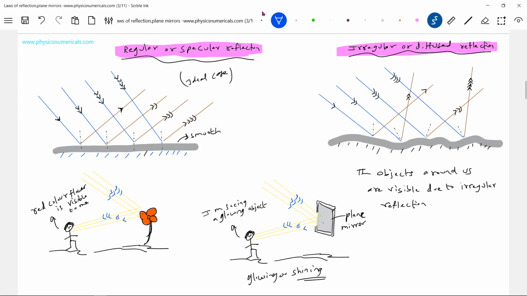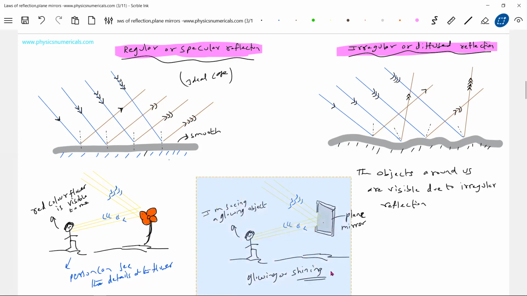Here, this person says red color is visible to me. What is the reflection here? I think the diagrams got interchanged. We'll do one thing.